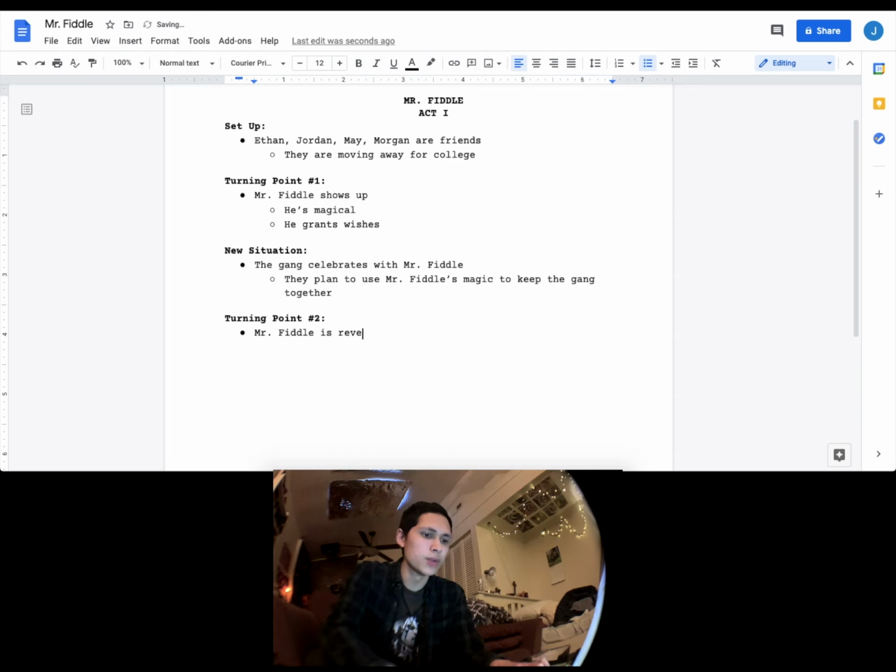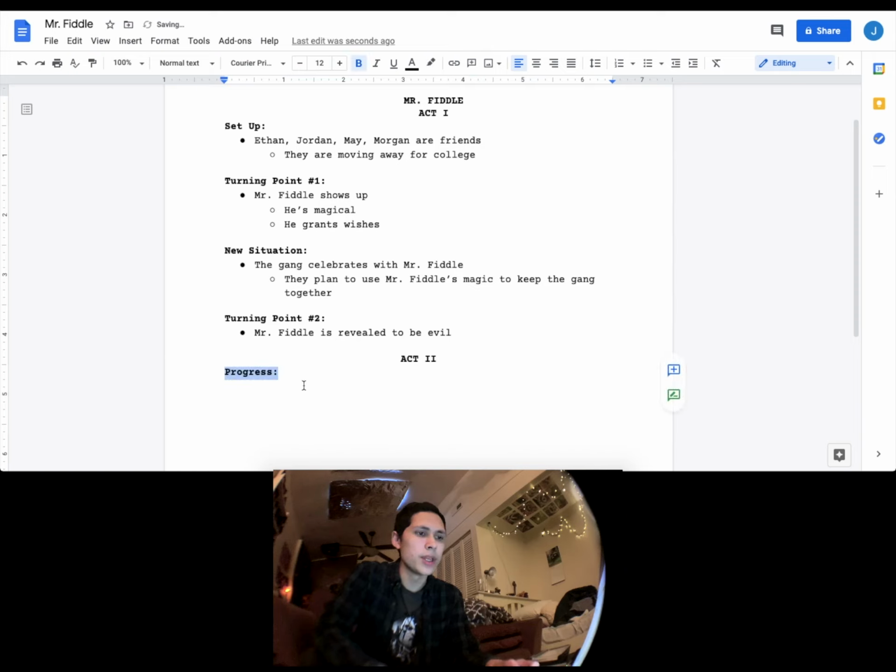Mr. Fiddle is revealed to be evil. But one of the problems I'm thinking about too is that if Mr. Fiddle is evil and the gang knows that he's evil, why is he still hanging around?